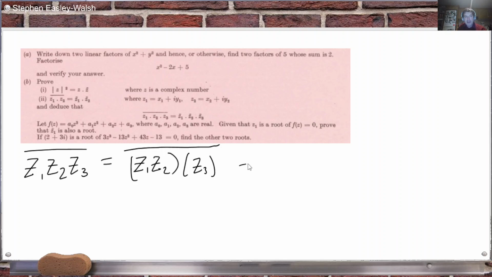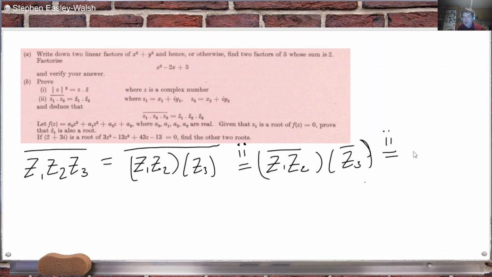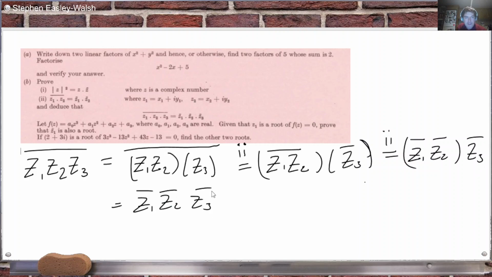And then you can use your result in 2 to say that will be z1 z2 conjugate times z3 conjugate. And then you can use your result in 2 again to split the first one: z1 conjugate, z2 conjugate, z3 conjugate. So that's equal to z1 conjugate, z2 conjugate, and z3 conjugate. Okay.